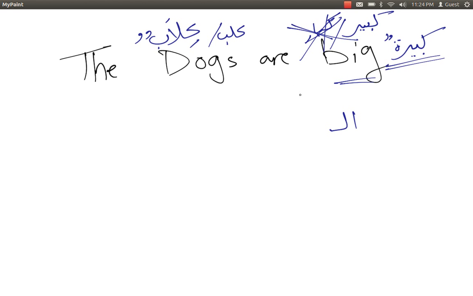So this is, as I said before, only for if we're describing three or more of a non-human object or thing. So in this case, it applies for dogs. So al-kilabu kabiratun. Al-kilabu kabiratun.